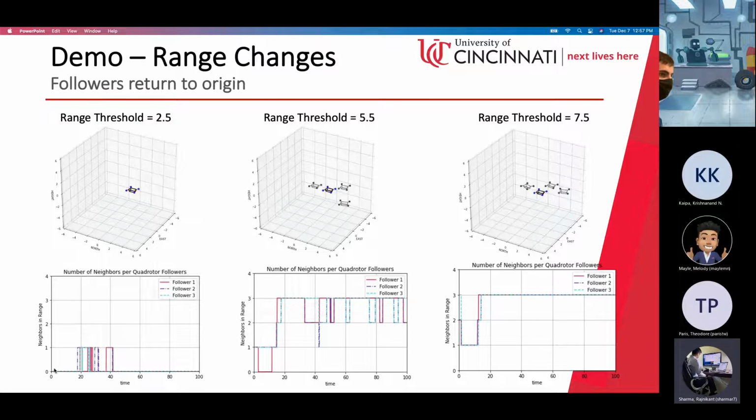So when we tried the 2.5 range threshold, the quad rotors just flew off the handles. But it did work for the range threshold of 5.5 and 7.5, showing that the agents need to be able to talk to each other as they move through their trajectories. It needs to have a neighbor in order to continue behaving as intended.